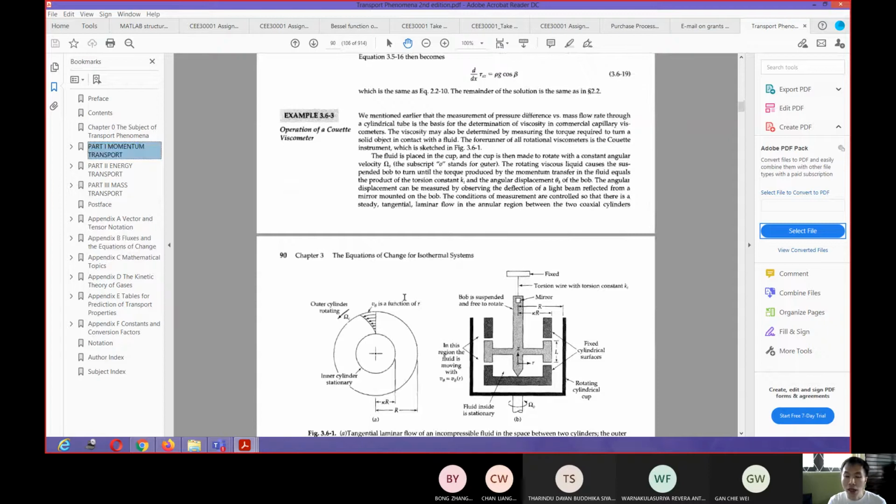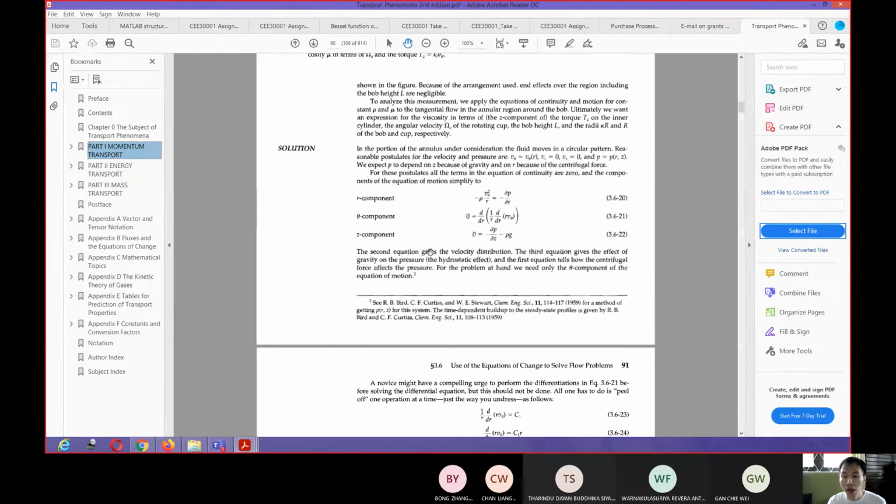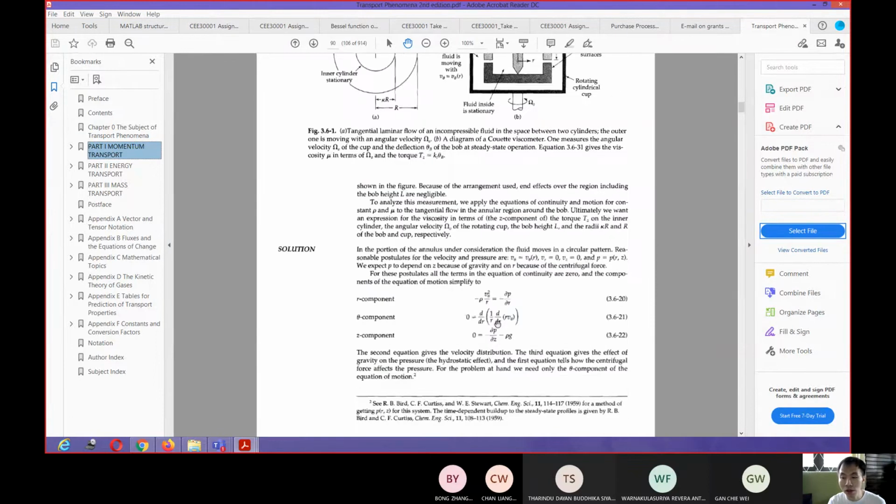So again, when you try to solve a problem, please pay attention to the problem statement instead of trying to find a solution from another example that may be similar. Okay, it's just this one is K and the other one is using an E, but it's not similar because the way they solve it here is totally different.